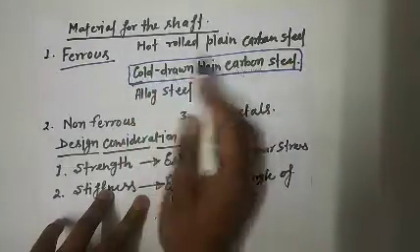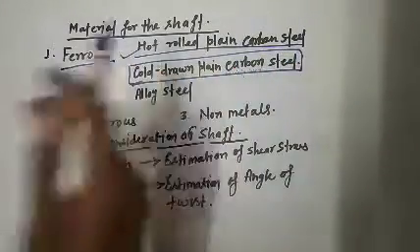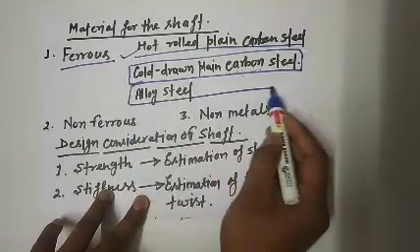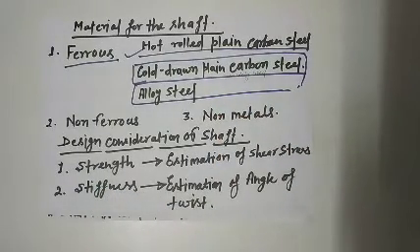In plain carbon steel, hot rolled plain carbon steel and alloy steel are also used. They are used for sophisticated engineering applications where high strength, temperature resistant shafts are required, like propeller engines of shipbuilding industries and aircraft industries, where we use alloy steel, right?